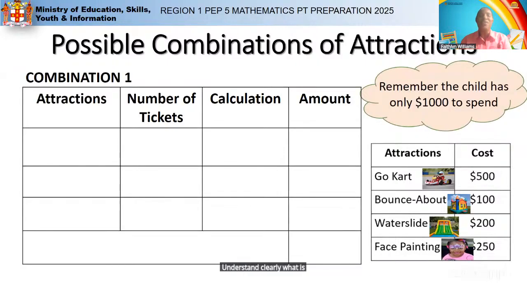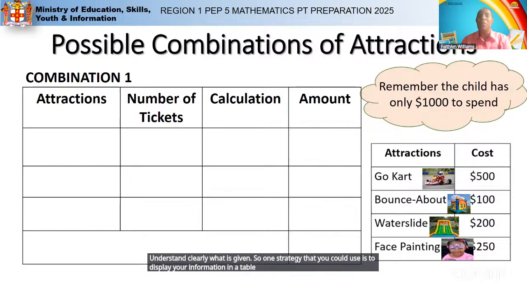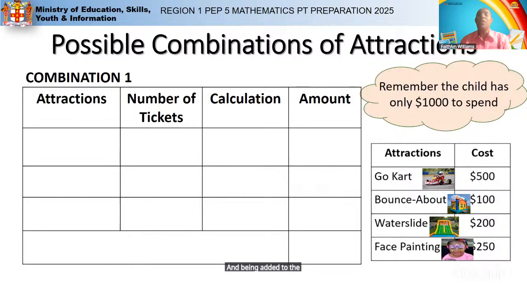So one strategy that you could use is to display your information in a table. As I said, from Excel, the child put the name of the attraction, the cost of the attraction, and it being added to the others, which is very good. But here is a table that you can actually use.